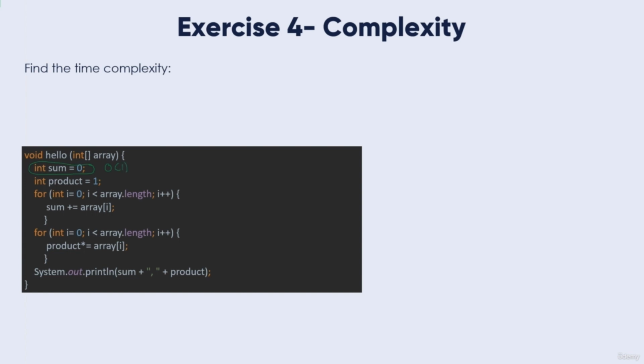Int product also will result in O of 1, okay? Now we enter the loop: for int i equal to 0, i less than array.length, i plus plus, and do the stuff. This stuff is O of 1.